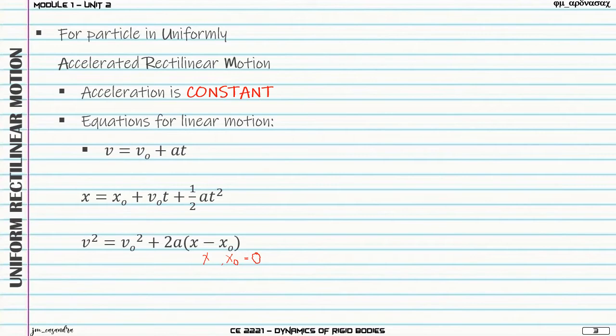Okay? So in relation to UARM, we have a special type of motion, which is free-falling motion. Any body or particle moving in free fall will have a uniformly accelerated rectilinear motion, but it will now be moving along the y or vertical direction.